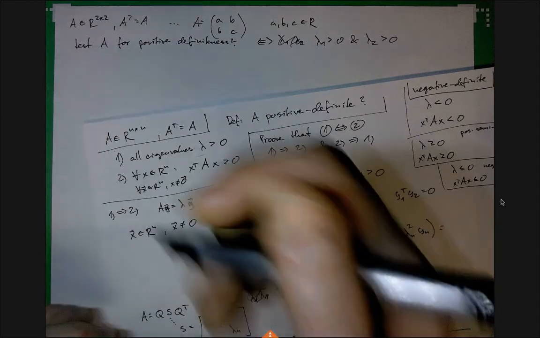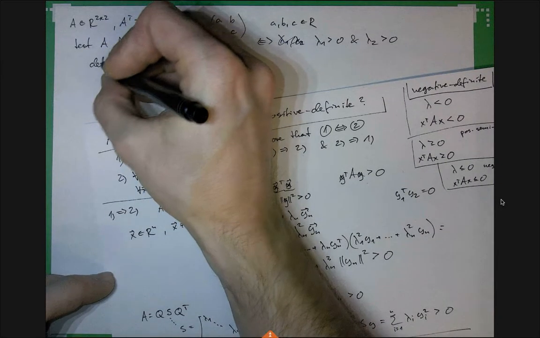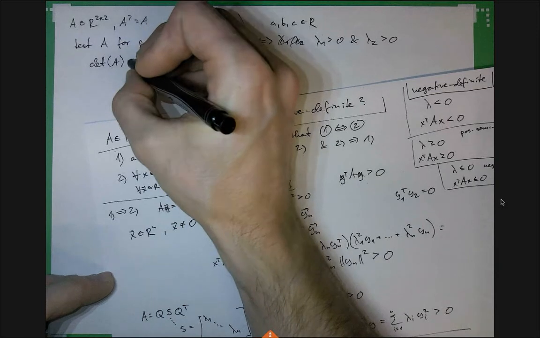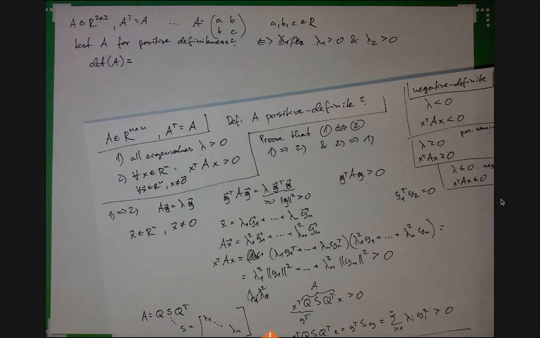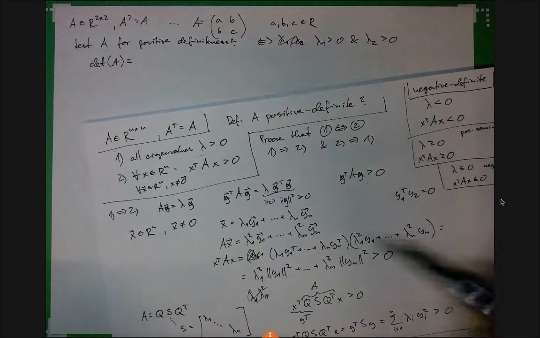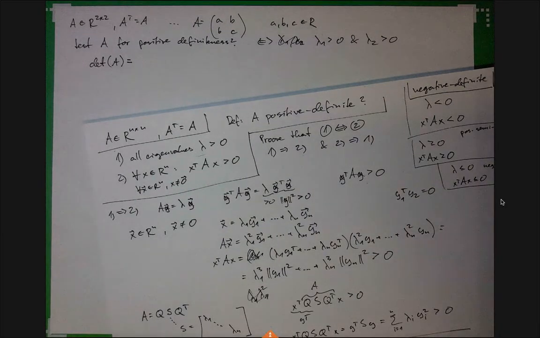So we have these interesting properties, which especially for a 2x2 matrix are very elegant. What is the determinant of A in terms of the eigenvalues? The eigenvalues multiply together to give the determinant.